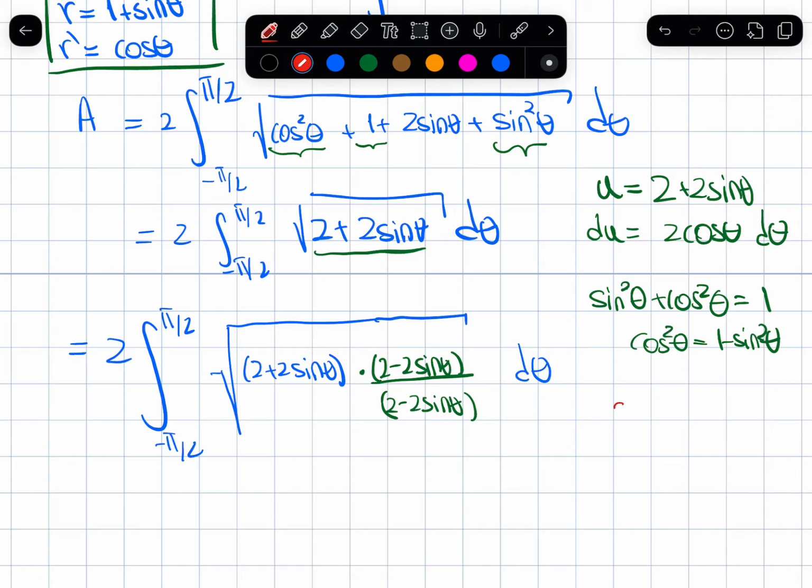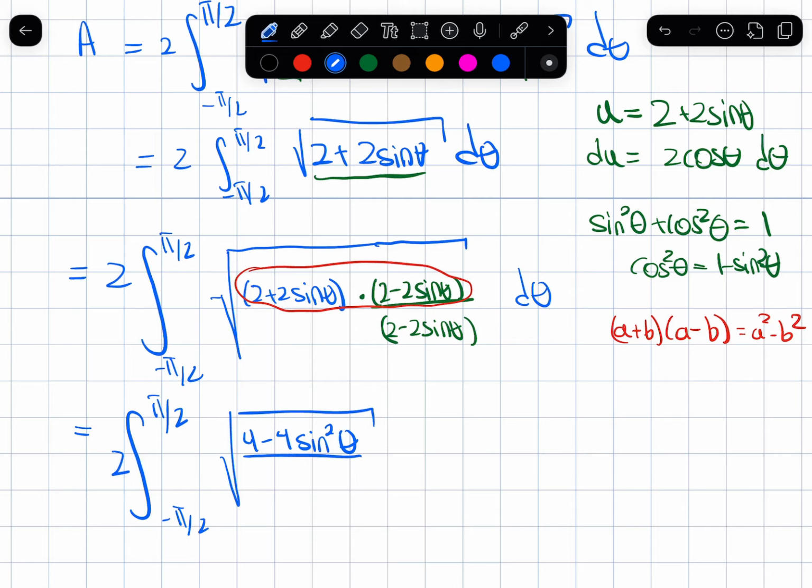And when I make that change, I end up with 4 minus 4 sine squared theta, still over 2 minus 2 sine theta, d theta.